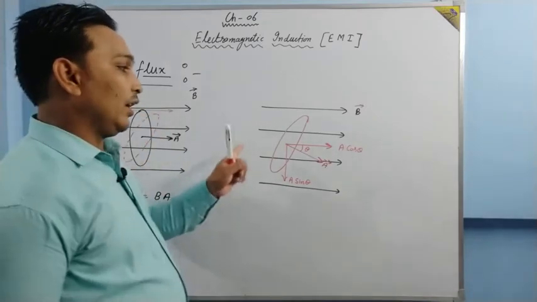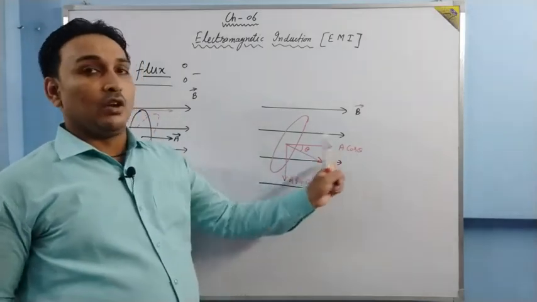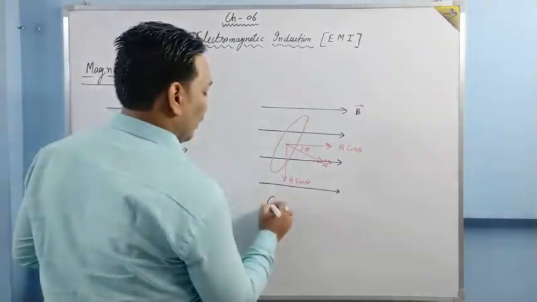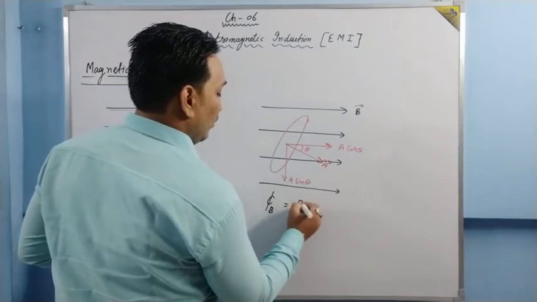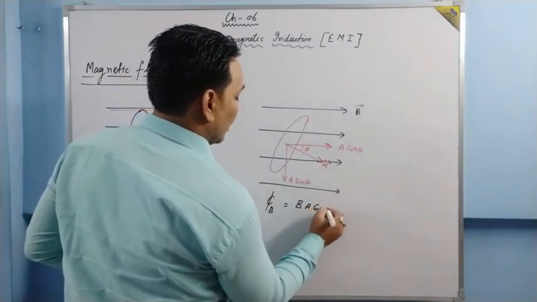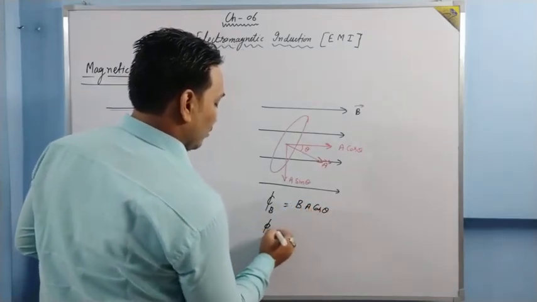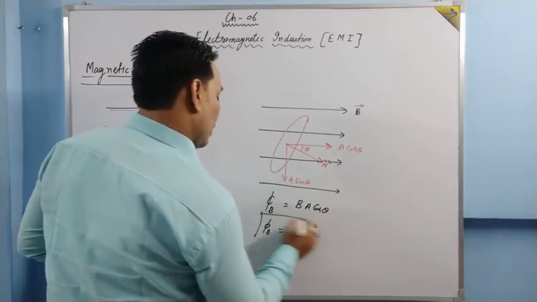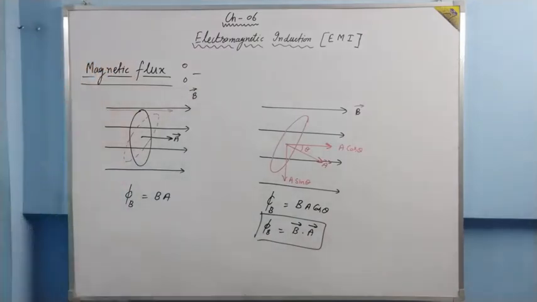Basically here also the component of area which is along the magnetic field will be considered. So we are going to have phi B is equal to B A cos theta, or we can write phi B is equal to B vector dot A vector. So this is the formula for magnetic flux. Magnetic flux is denoted by phi B and it is equal to B vector dot A vector.